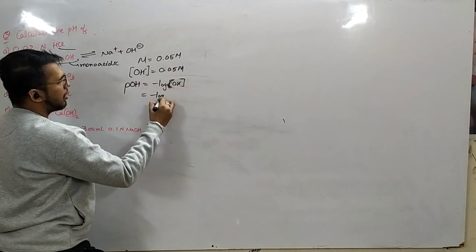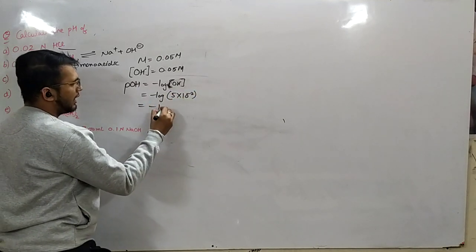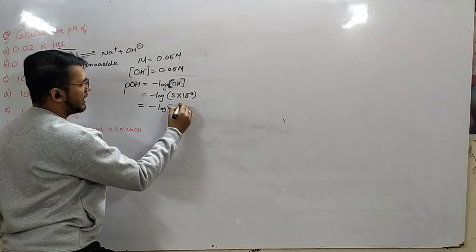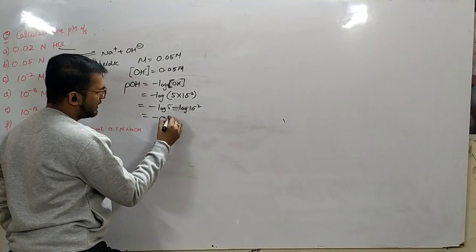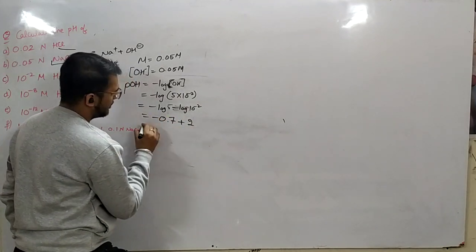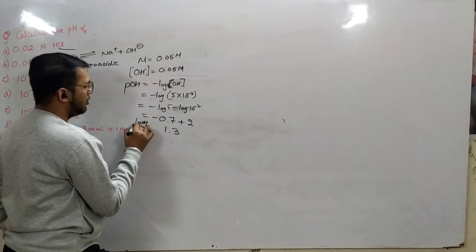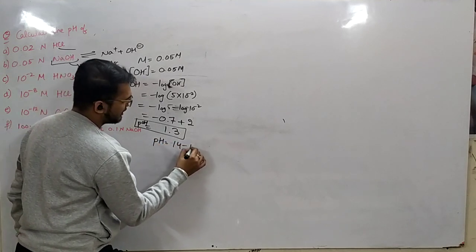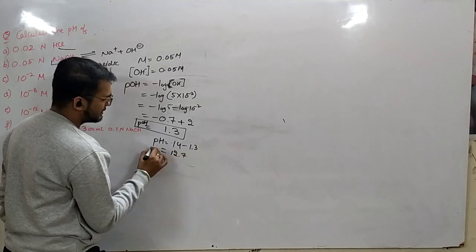So minus log 5 into 10 to the power minus 2, minus log 5 minus log 10 to the power minus 2, minus 0.7 plus 2 comes out to be 1.3. That is pOH. And the pH comes out to be 14 minus 1.3. It is 12.7.